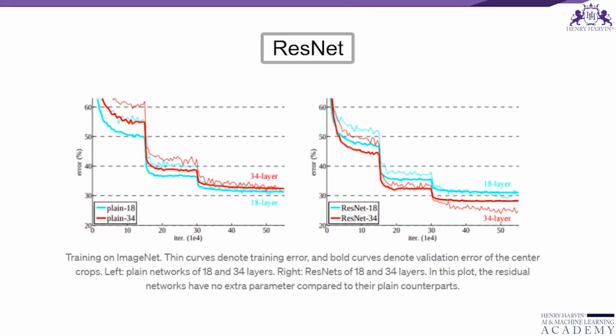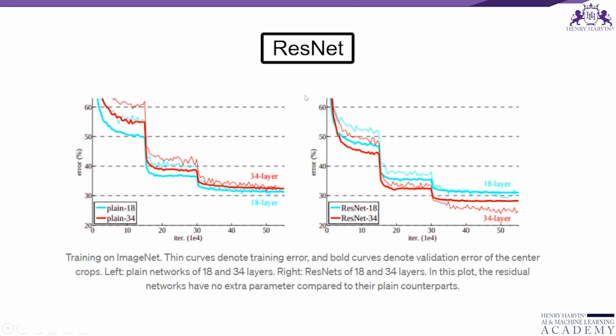Here you can see that they have plotted the training error loss, the decrease of loss with respect to the different iterations.